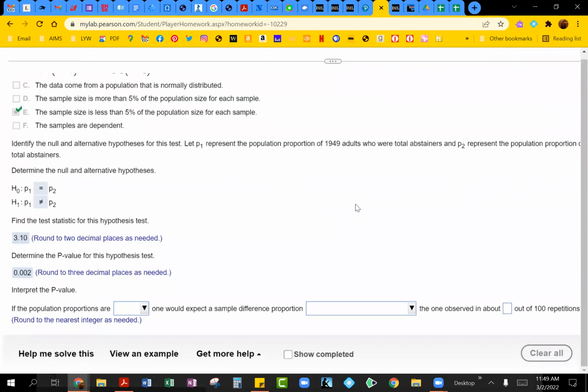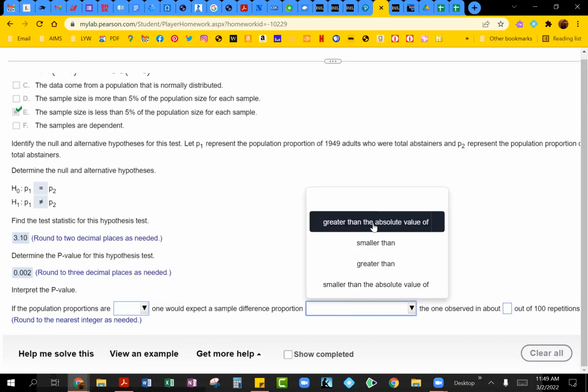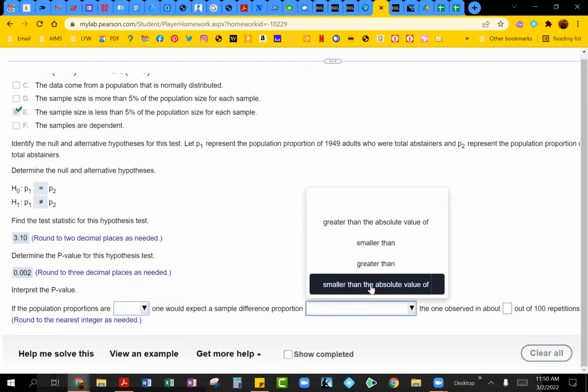And now we have to make sense of what the p-value actually tells us. What we're basically saying is, if the population proportions are blank, equal or not equal, one would expect the sample difference proportion to be greater than, smaller than, you know, the absolute value of whatever you are observing.